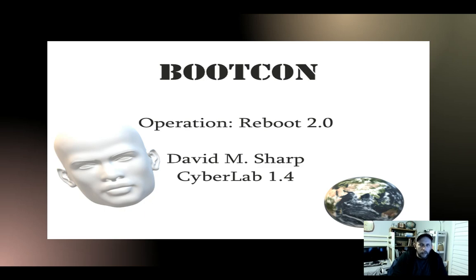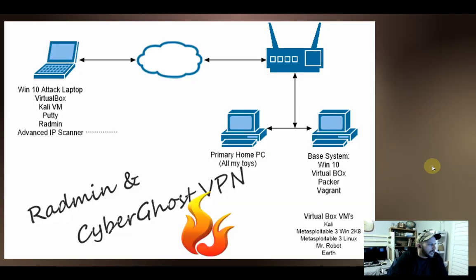I set it up on an internal network, which you'll see. I had to use Radmin and CyberGhost. Due to life's necessities and needs, I found it to be a requirement that I'm able to work remotely. Radmin allows you to connect two PCs in remote locations as if they're on the same LAN, same office.